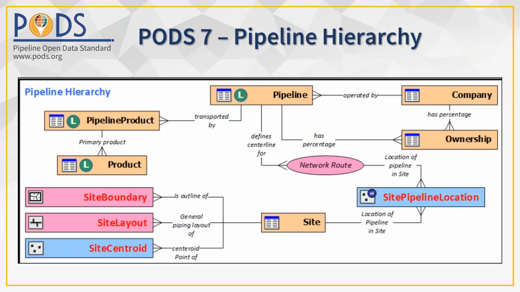Looking here at the pipeline hierarchy, this is the new look of some of the core modules that existed in previous models. You can see line and route and series and station point. These are some of the core components of the model. They're still there, and they still relate to each other.